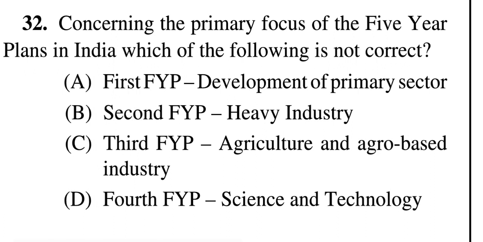Here we have to find out which is not correct. Correct answer will be D, Fourth FYP, science and technology. It is not correct, but the rest, like first FYP, second FYP, third FYP, and their motive, it is correct.